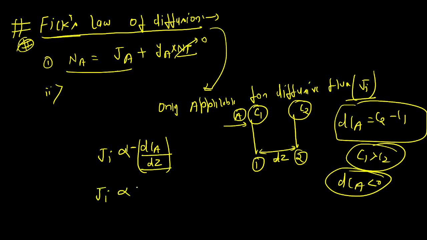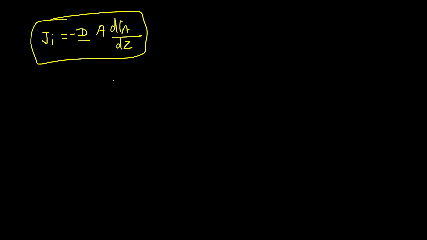And Ji is directly proportional to the cross-sectional area, right? If this is the cross-sectional area, it is flowing like that, I am assuming. So if we remove the proportionality, you have to substitute a constant term, that is D. I'll let you know what D is. Ji is equal to minus D into area into dCA by dz, right?